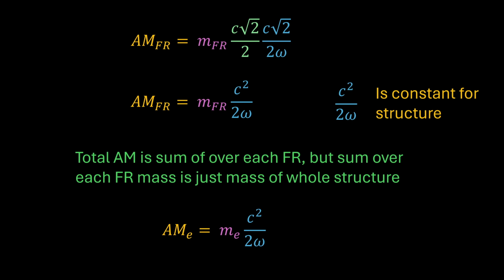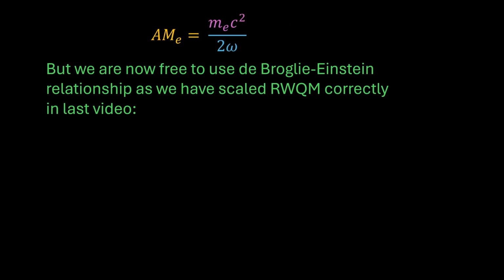For real wave quantum mechanics, we have already established the validity of the de Broglie-Einstein relationship, namely mc squared equals h bar omega, as the correct scaling for our structures.